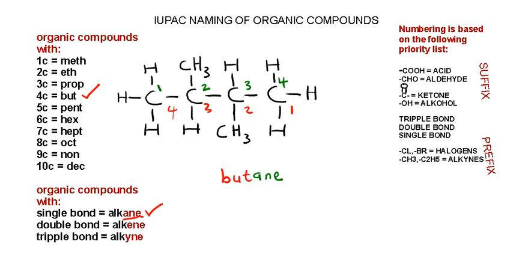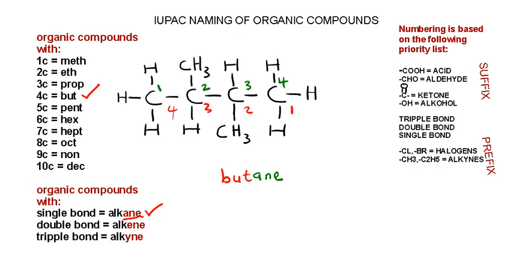Since we have done that, let's now check if there is any functional group. Is there any functional group in this organic compound? Yes, we have a functional group here, methyl. We also have it here.